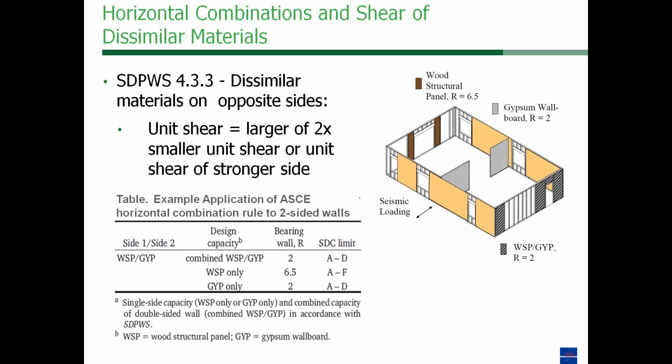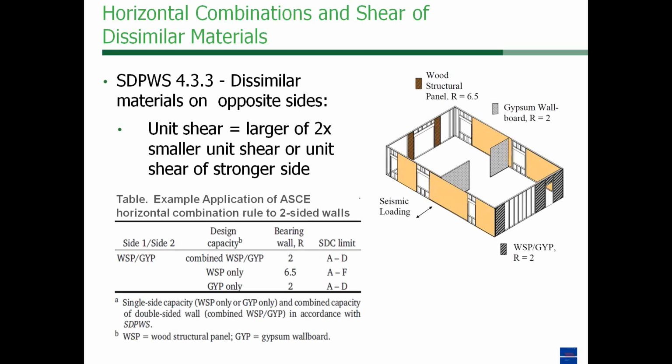ASCE 7 actually refers you for part of this to the wind and seismic provision, so this is going to add another layer of complexity. And this figure is identical to the one that we just looked at, except for this southernmost wall, we're going to add gypsum to the inside wall there.